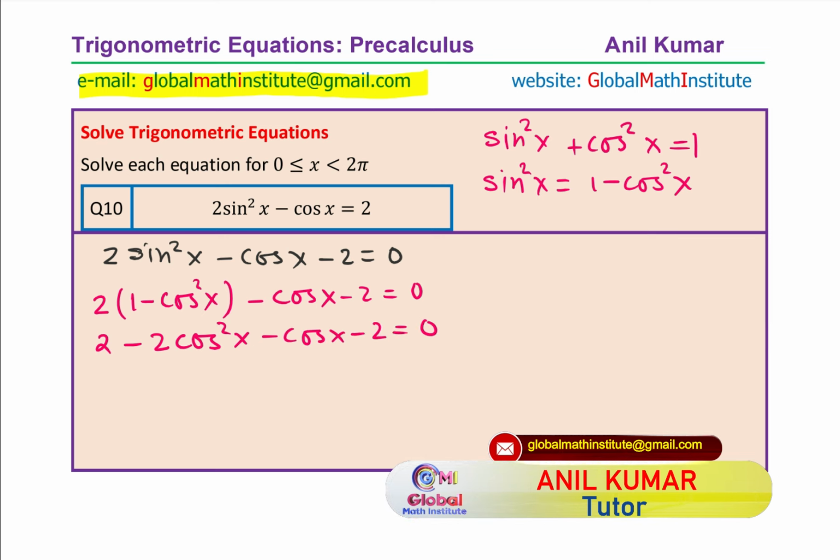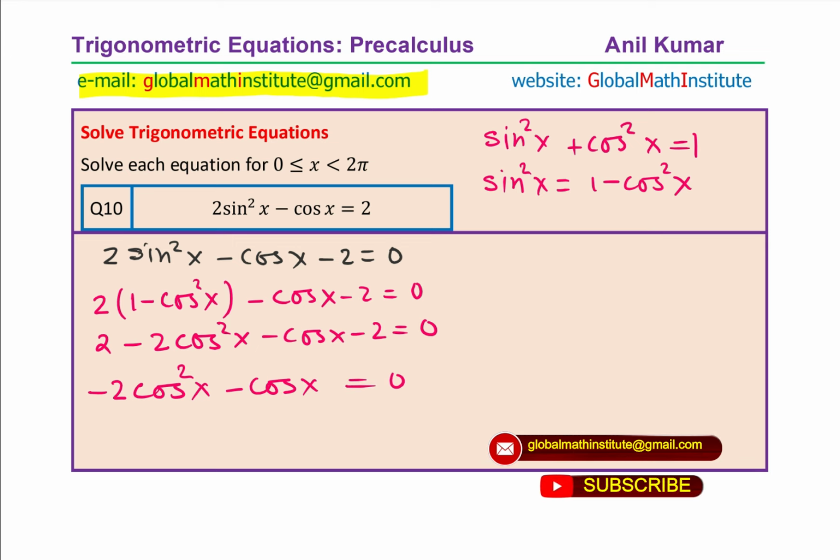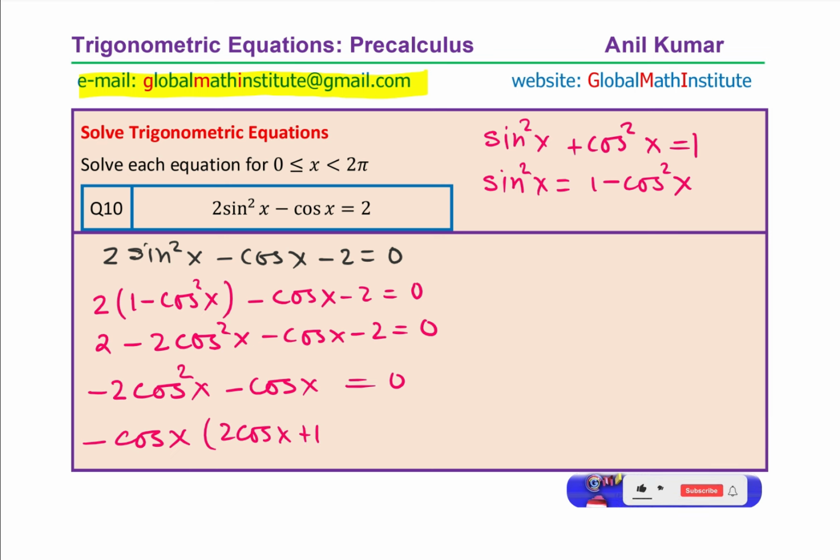Now 2 and minus 2 will cancel, so we get minus 2 cos square x minus cos x equals 0. So we can take minus cos x as common, right? Okay, minus cos x is common. So we get 2 cos x plus 1. So that leads to the solutions now.